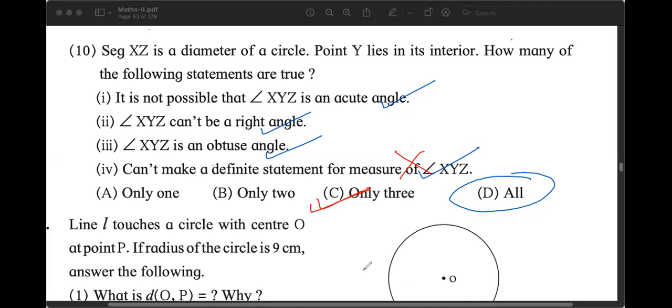And that is why I said this is a controversial question. The meaning of the 4th option is, can we say anything with certainty about this angle? Yes, we can. We cannot say that we cannot say anything, right? So 3 statements are correct. The 4th one is wrong.